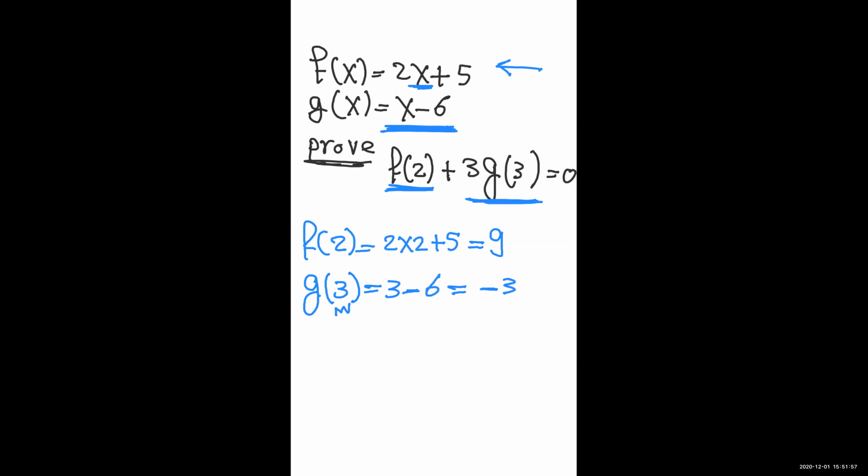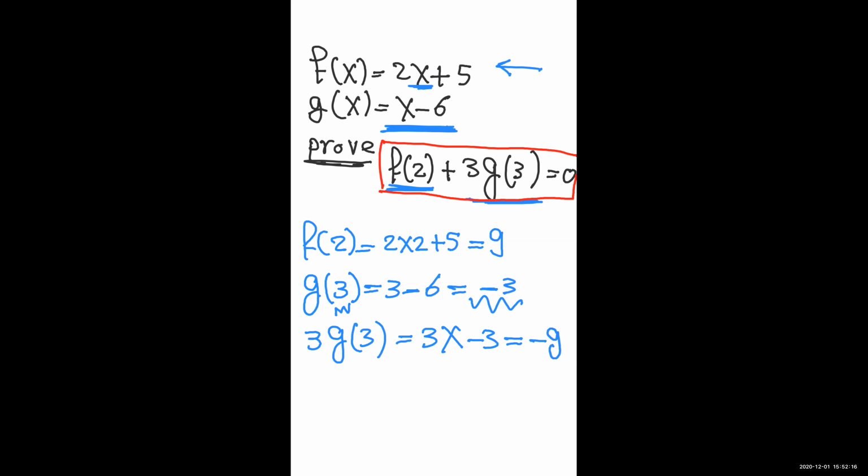So what about 3g of 3? It will equal 3 times the value of g of 3, which is negative 3. So it will equal negative 9. Now, in the question, it's required to prove f of 2 plus 3g of 3 equals 0.